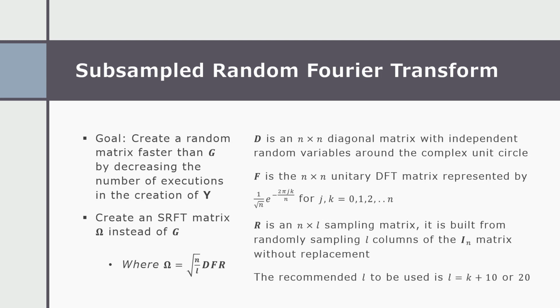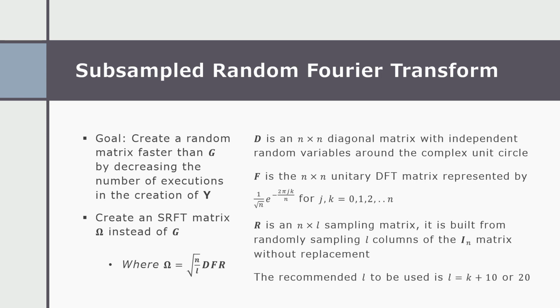Okay, so now that we have the understanding of the DFT and the FFT, we can get into the subsampled random Fourier transform. This method creates a random matrix faster than the Gaussian method. It's really kind of the same idea. So we want to create a random matrix omega, where omega equals the normalization factor times DFR, where D is basically just a diagonal matrix with a random point on the complex unit circle.